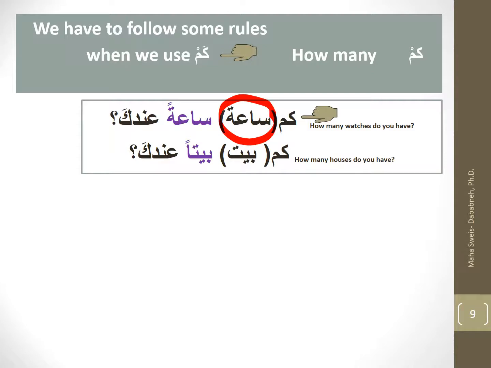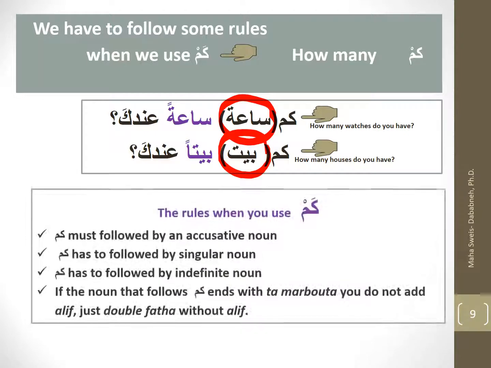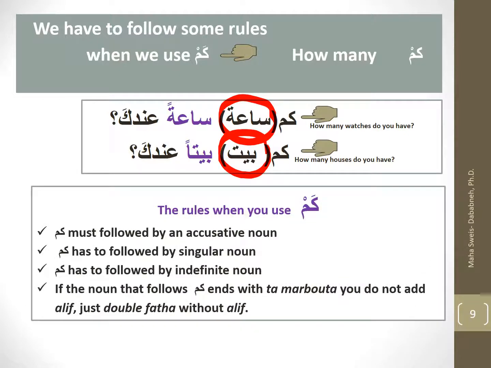So the question is كم ساعة عندك؟ Another example, here the noun is بيت. I want to ask how many houses do you have? I will say كم بيتا عندك؟ So do you think we have rules when we use كم? The answer is yes.